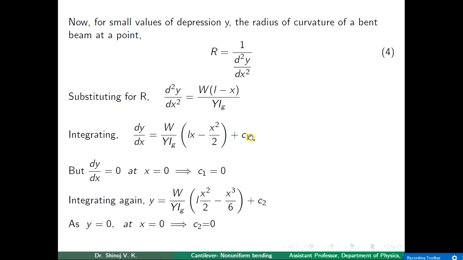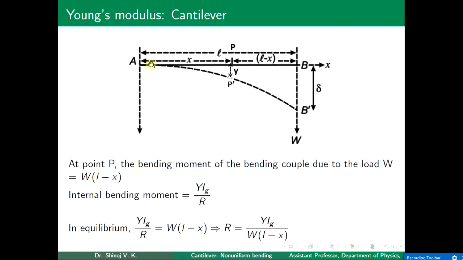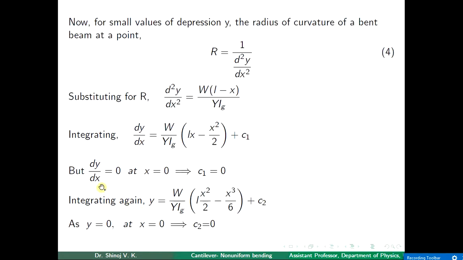Now we apply the boundary condition: dy/dx = 0 at x = 0. The slope is 0 at x = 0, that is at point A, since this end is fixed, so there is no slope. On applying that condition, C1 should be equal to 0. We substitute x = 0 here, and C1 is 0. Now this expression becomes dy/dx = W/Yig (Lx - x²/2).